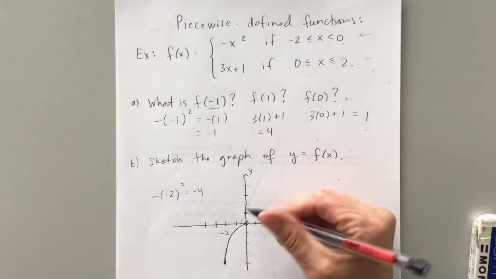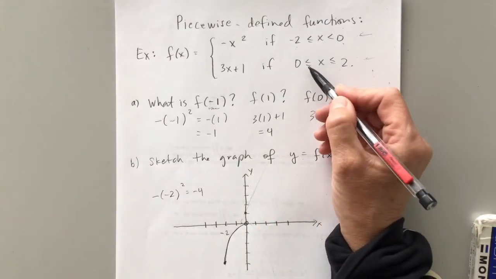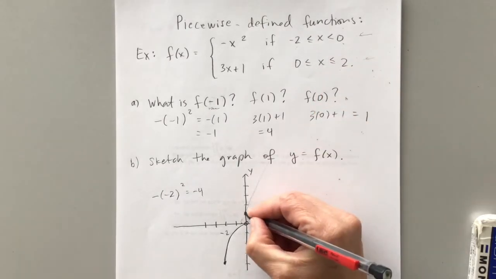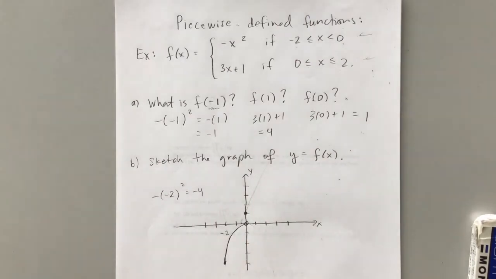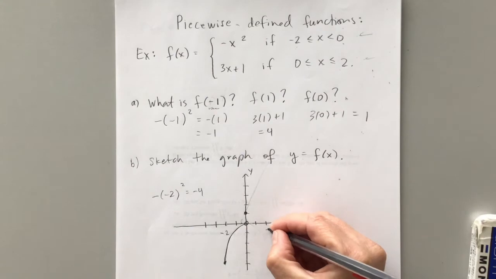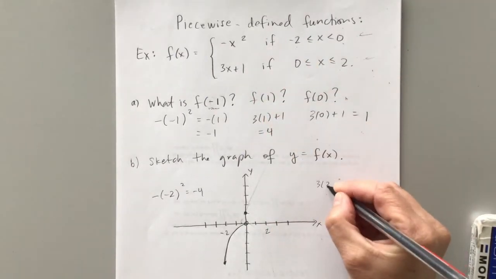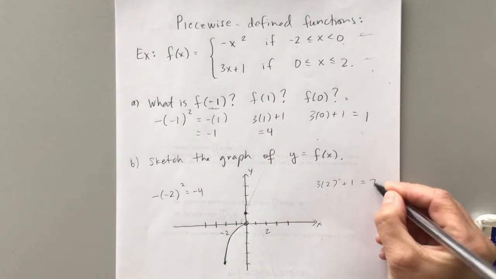All right, so here we have a line segment that starts at 0, 1. Because 0 is included here, we make it a closed circle. And then all the way to x equals 2. So here's x equals 2. And the y value that goes with 2 will be 3 times 2 plus 1, or 7.